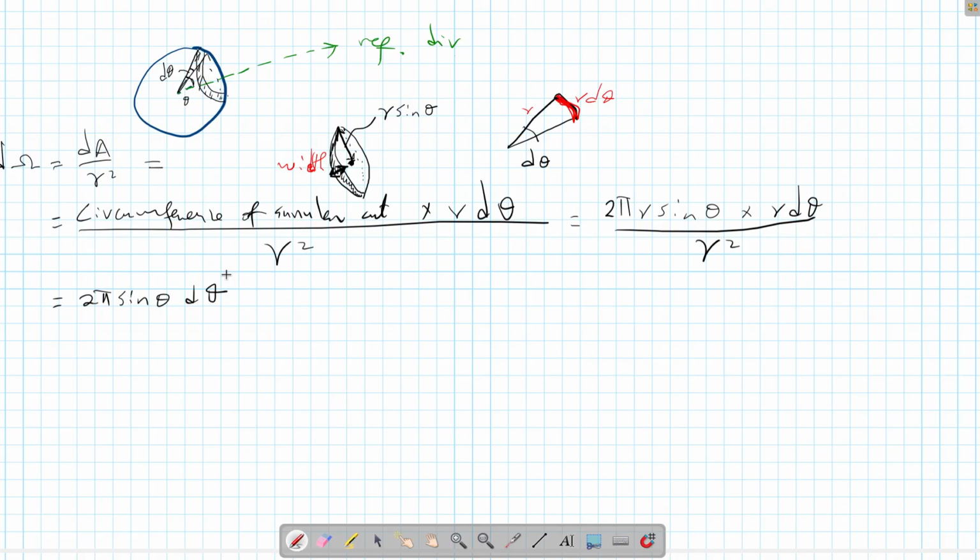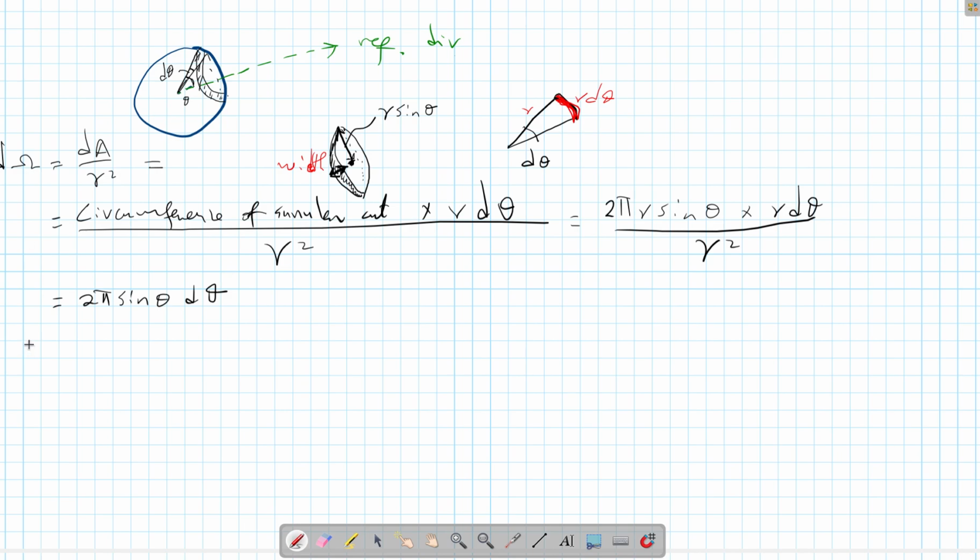So this is the solid angle in terms of theta and d theta. So remember, we're considering molecules traveling at an angle between theta and theta plus d theta relative to some reference direction.